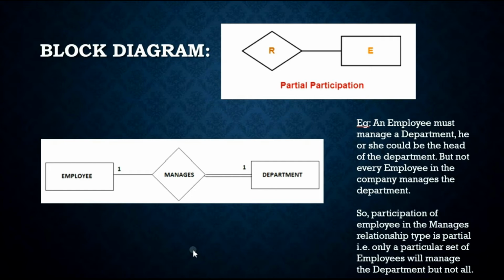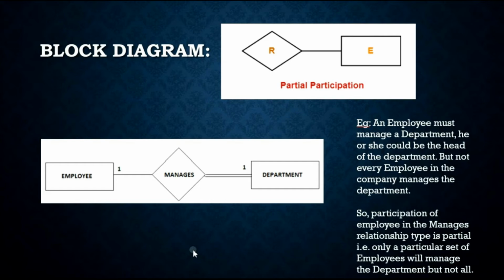Now let's try to understand partial participation better with an example. An employee can manage a department. Every employee cannot manage every department. A particular employee will be in charge of a particular department, because in most cases the number of employees will not be equal to the number of departments.